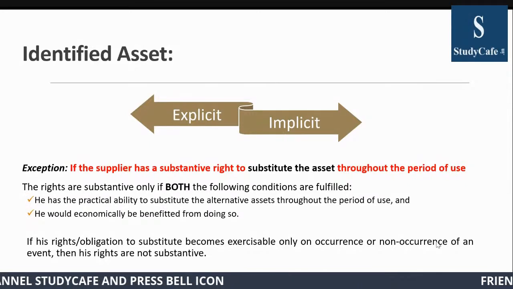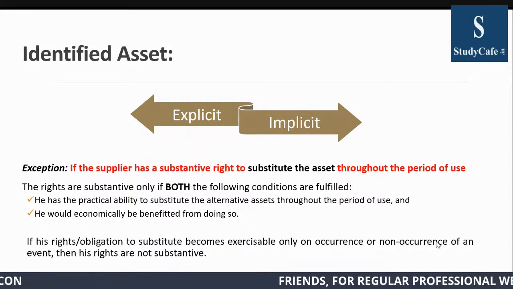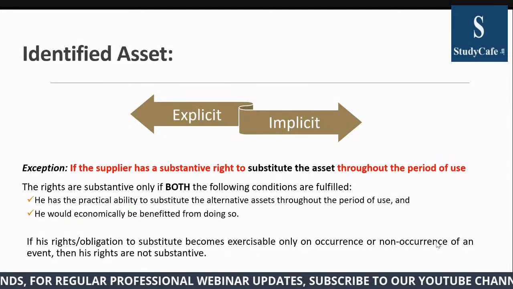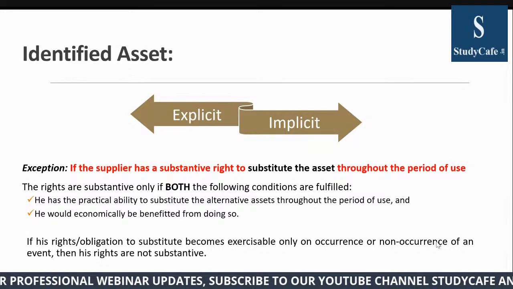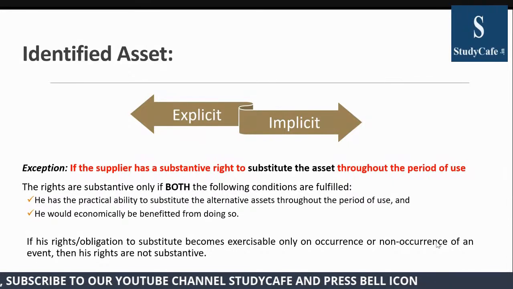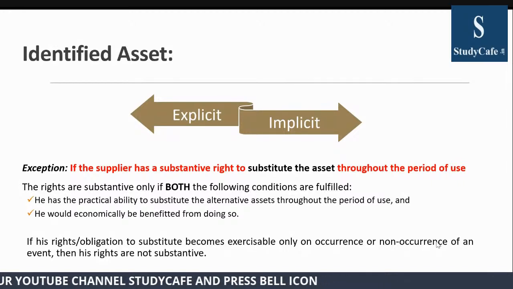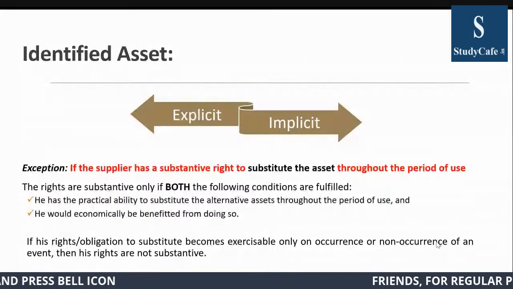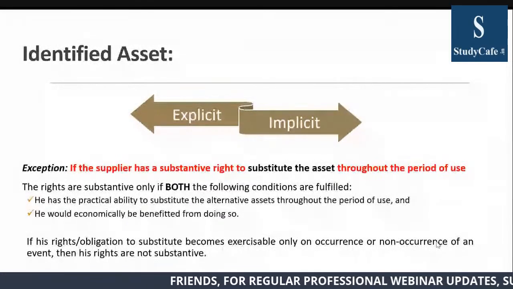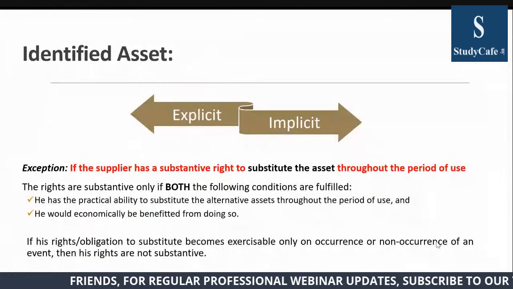But now we need to see whether this right is actually substantive, whether it is actually beneficial for the lessor to substitute that asset or not, and whether the lessor is practically able to substitute that asset or not, right? So even though a supplier or a lessor has a right to substitute the asset, we need to see if those rights are substantive or not.